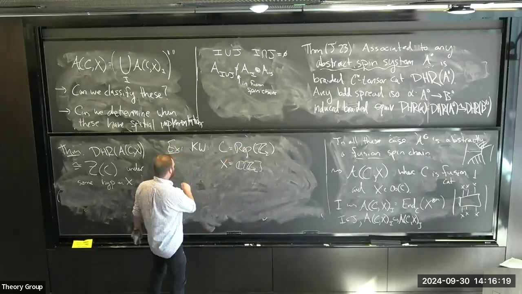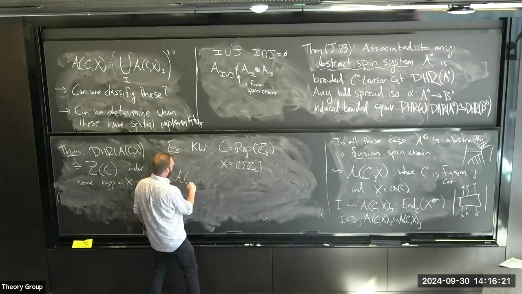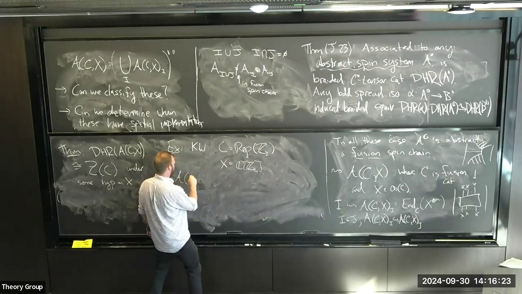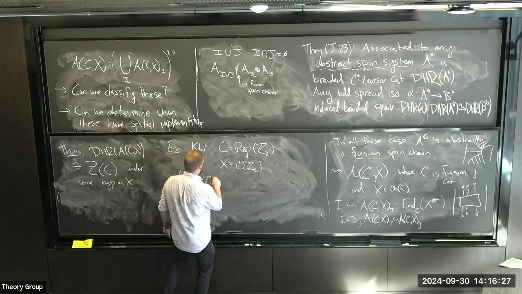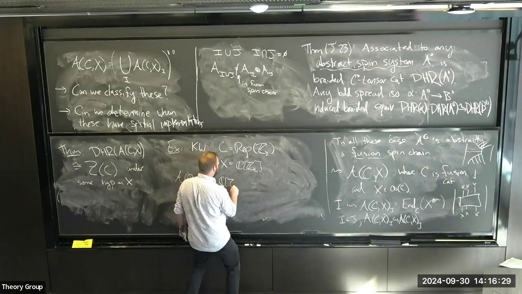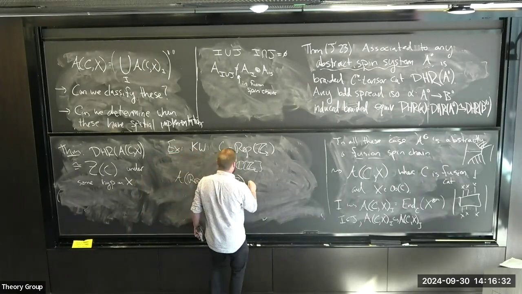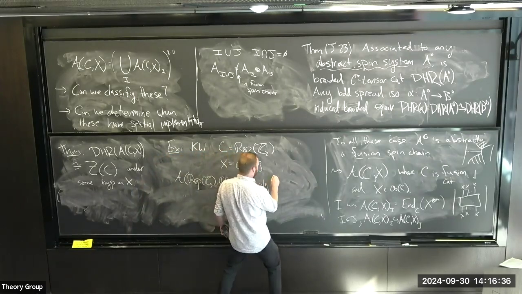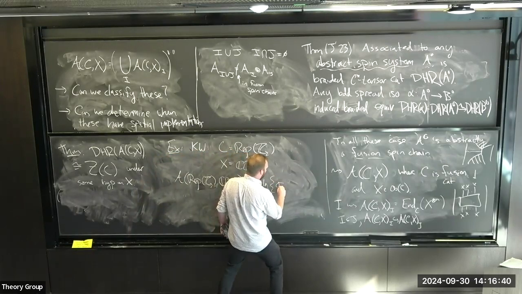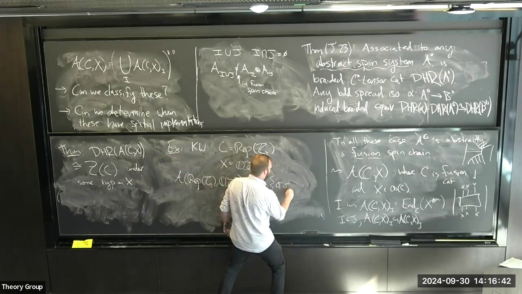Then the fusion spin chain with Rep Z2 and this regular representation is exactly, or isomorphic to, the algebra generated by the Z's and the bond algebra that I wrote down earlier.